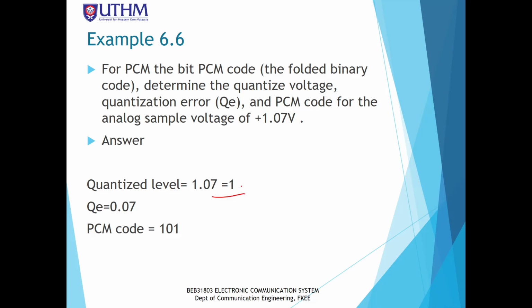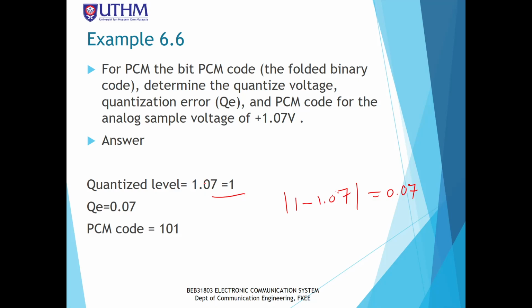So the quantization error, if we round from 1.07 to 1, is the modulus of 1 minus 1.07, which is equal to 0.07.